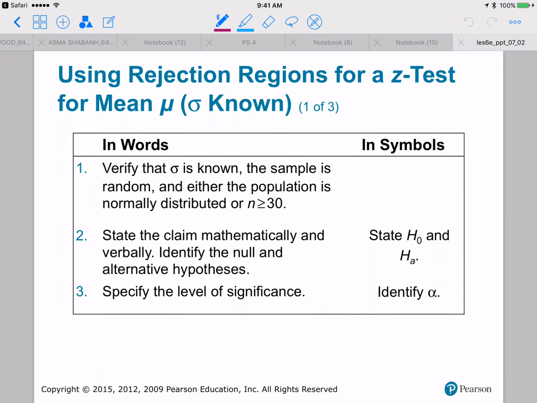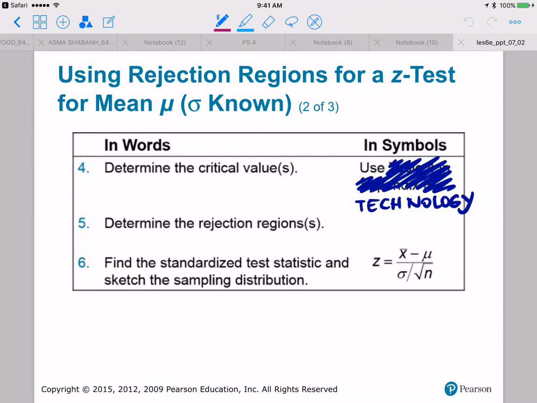And then you see, is your standardized test statistic in your rejection region? The beginning process of the hypothesis test is exactly the same. You need to verify that you satisfy the appropriate conditions. The second thing you need to do is to find your null and alternative hypothesis and figure out which one is the claim. Then you need to identify alpha.